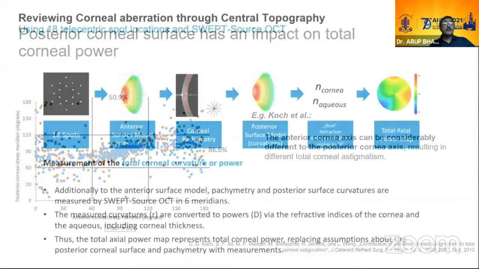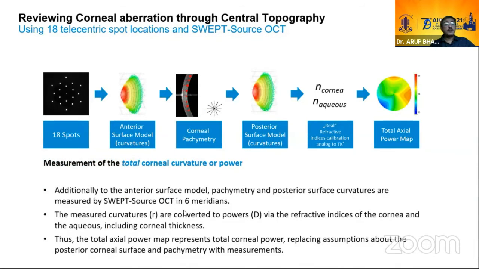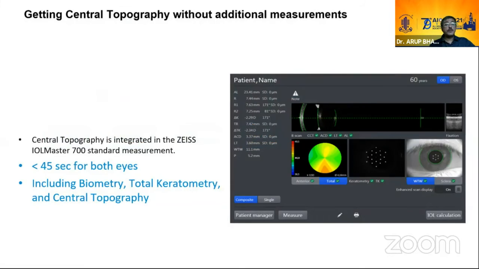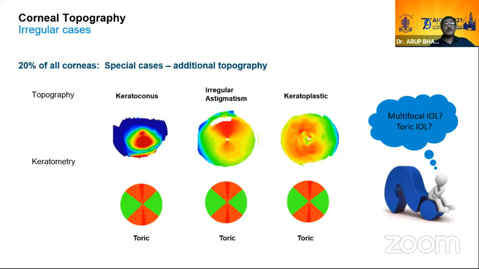In the view of corneal aberration, they give an analysis of posterior curvature and anterior curvature, and it gives you the total axial map of the cornea. The IOLMaster gives the central topography of the 6 mm, in less than 45 seconds.